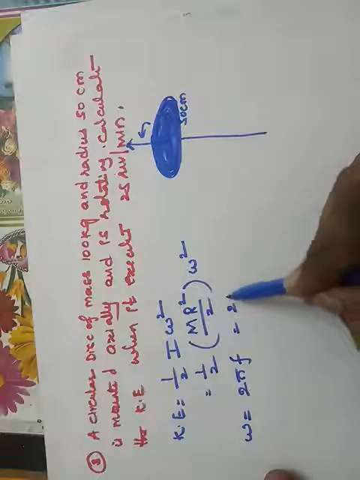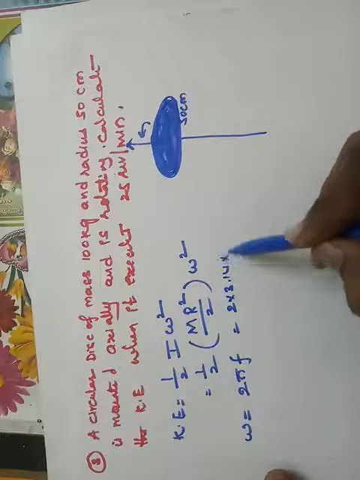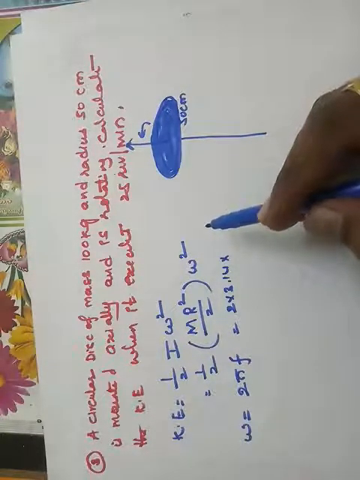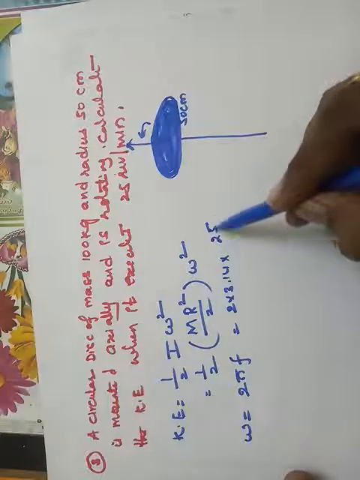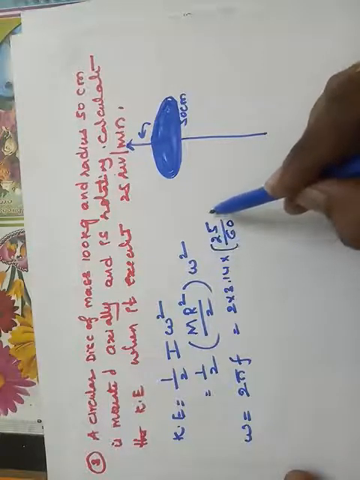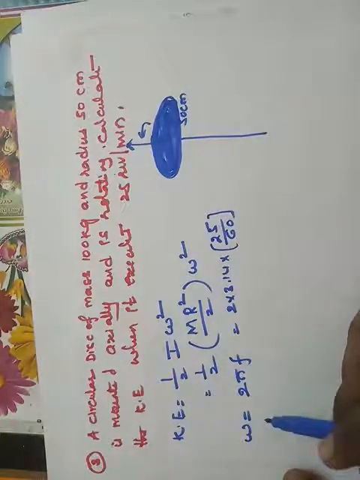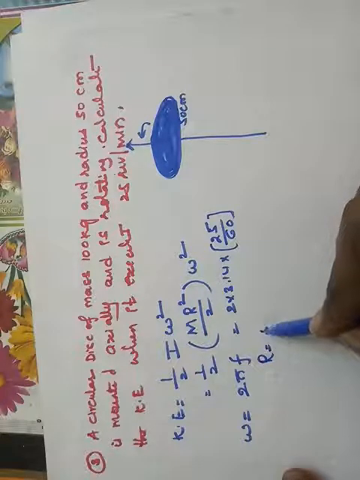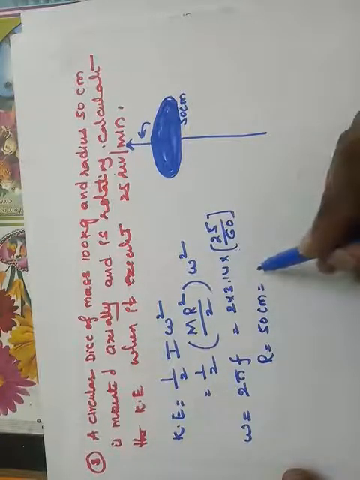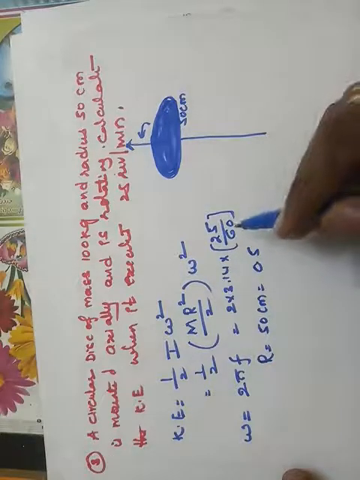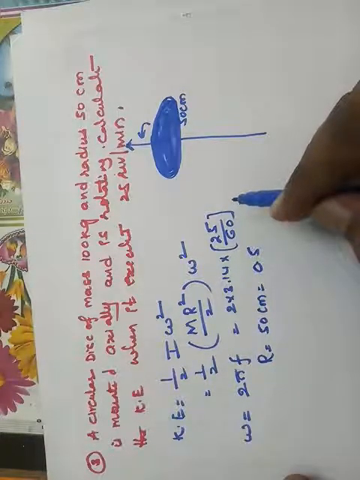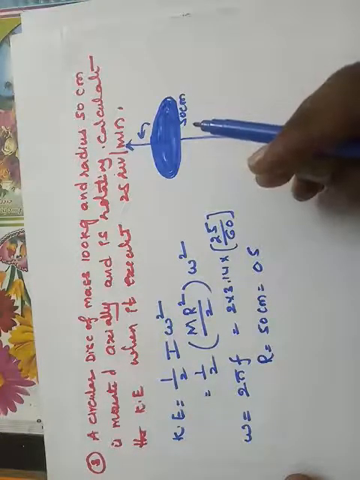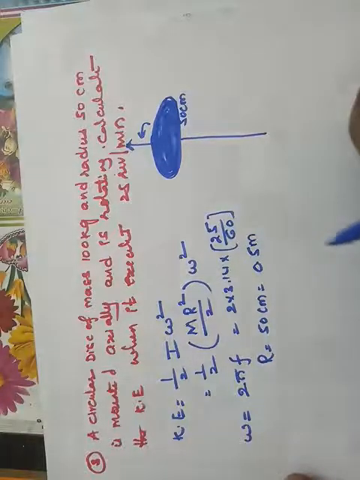So we have to write 2 into 3.14, and the f value can be written here as 25 by 60 revolutions per second, and substitute all the values. So r is also given there. R is equal to 50 centimeters, convert into meters, then we'll get 0.5 meters. Okay, right.